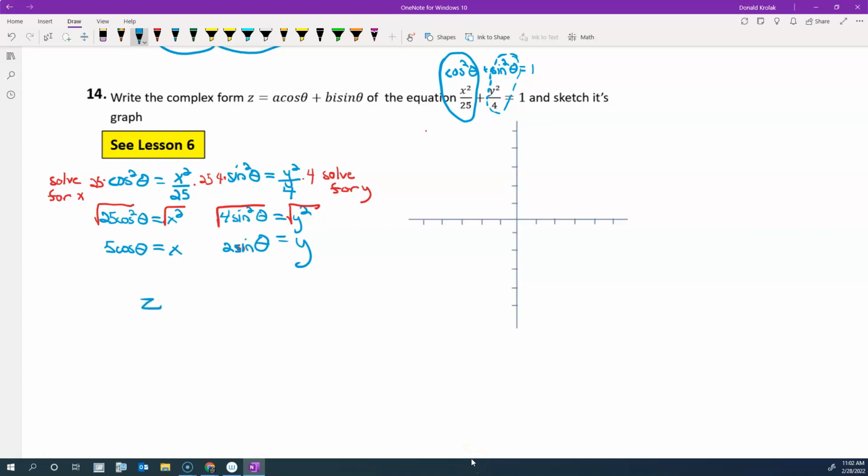Now what we're going to do is substitute those into this. That is going to be our real part, 5 cosine theta. And then this part is bi sine theta. So when I substitute that in, it's going to be 2i sine theta.